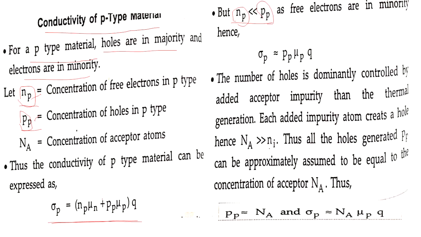So if we cancel these terms, the new equation for the conductivity is sigma p is equal to Pp mu p into Q. The P-type semiconductor has been derived by adding the acceptor impurity, so the amount of acceptor impurity decides the concentration of holes. We can substitute Pp, the concentration of holes in P-type, by Na, the number of acceptor atoms. Replacing Pp by Na, we get the new expression for the conductivity of P-type: sigma p is equal to Na mu p into Q.